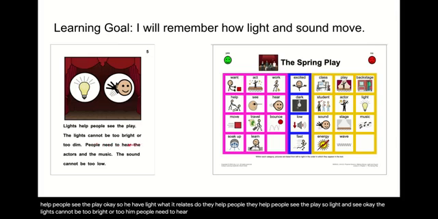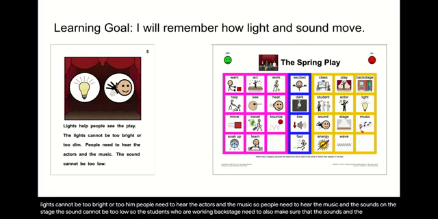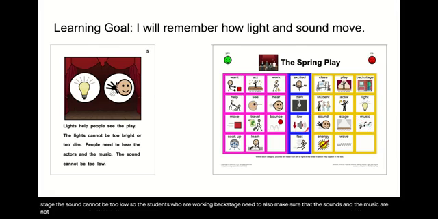People need to hear the actors and the music. So people need to hear the music and the sounds on the stage. The sound cannot be too low. The students working backstage need to make sure that the sounds and the music are not too low. People need to hear the music.